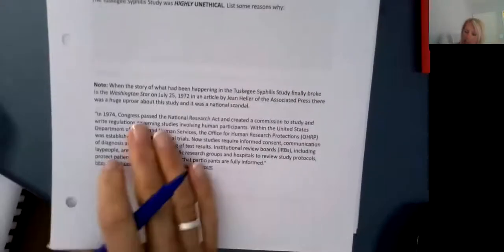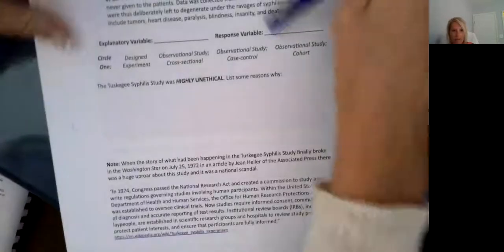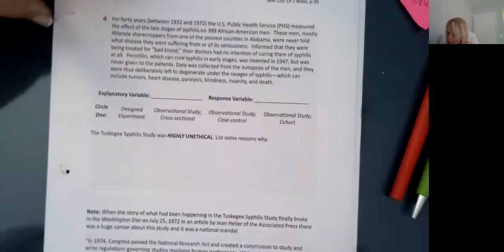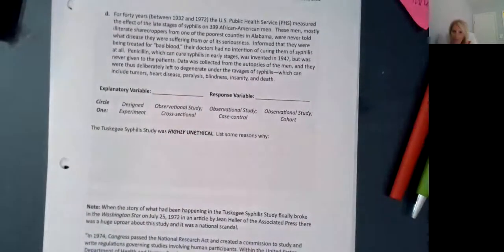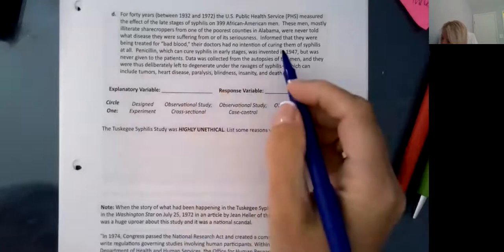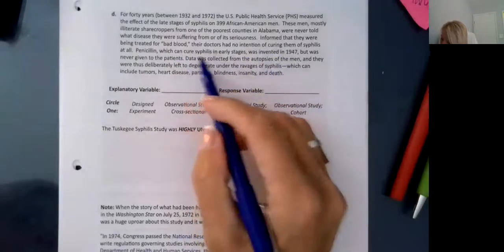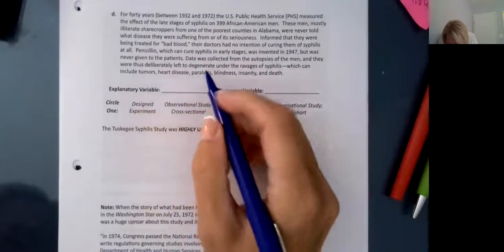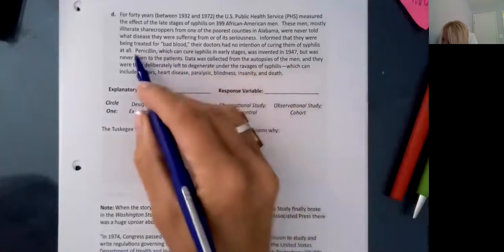And then letter D was the observational study for the syphilis patients, and this is absolutely horrible that this happened. So the explanatory variable is, they said they gave them penicillin, right?